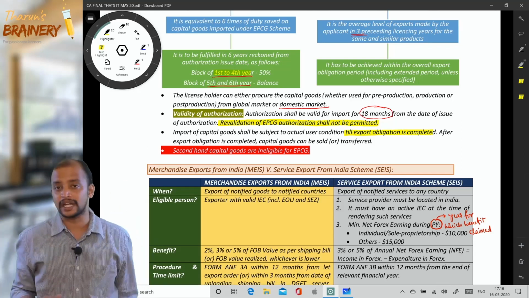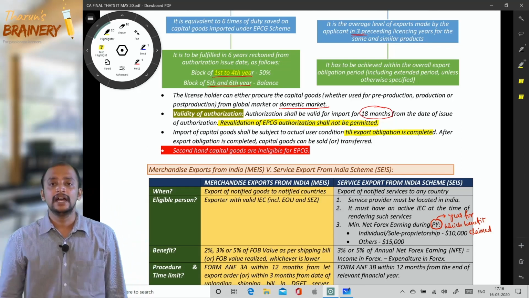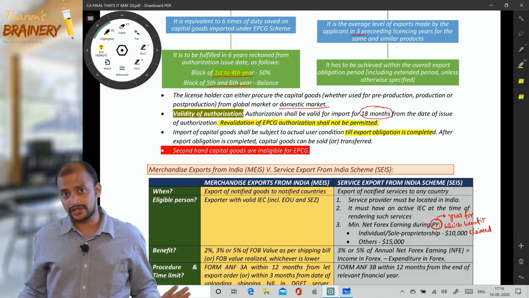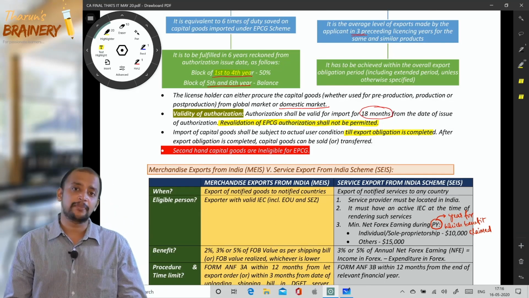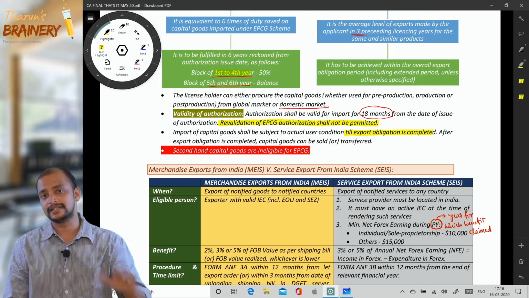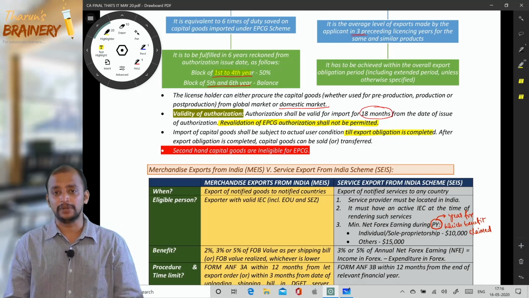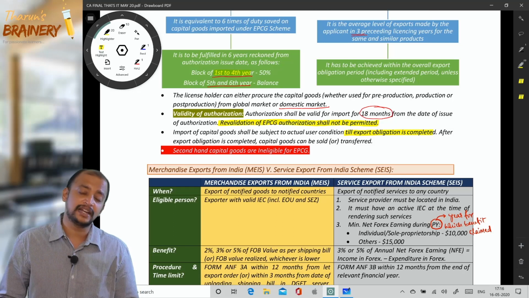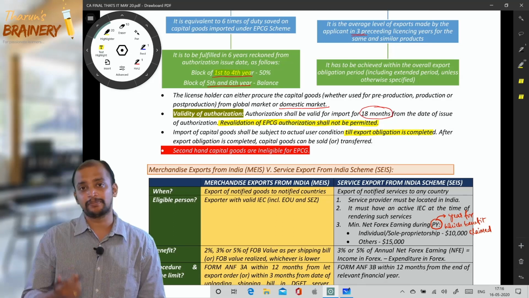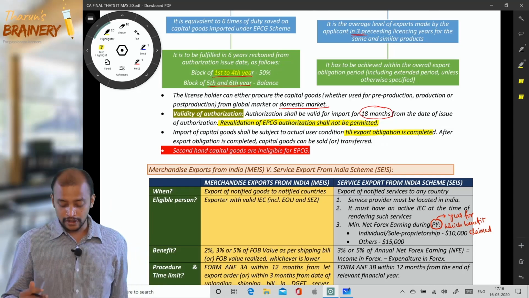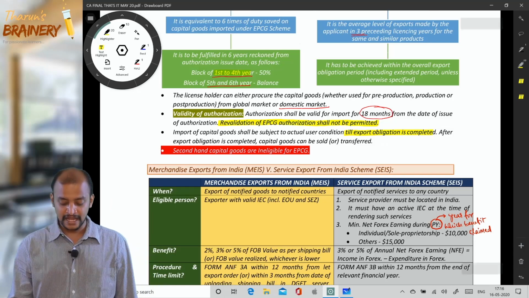After that, if you want, you can sell or transfer. And one major restriction is second-hand capital goods. Second-hand capital goods and some power plants are ineligible for EPCG. I have not given power plants. You can make a note, power plants are ineligible for EPCG.